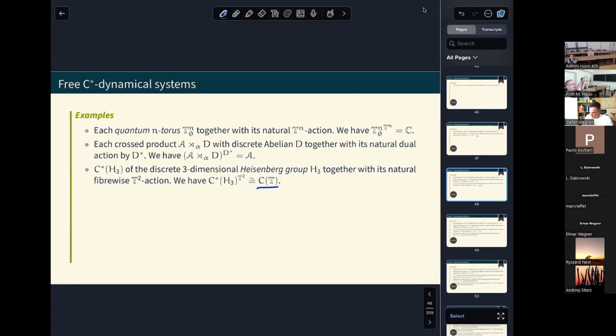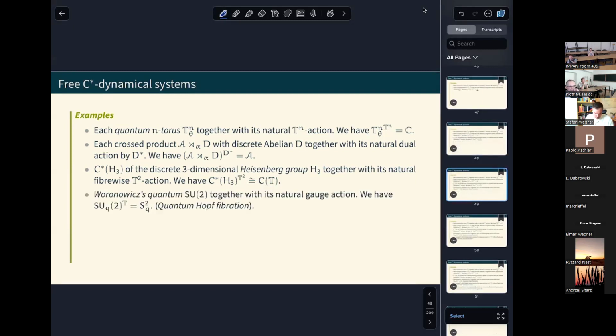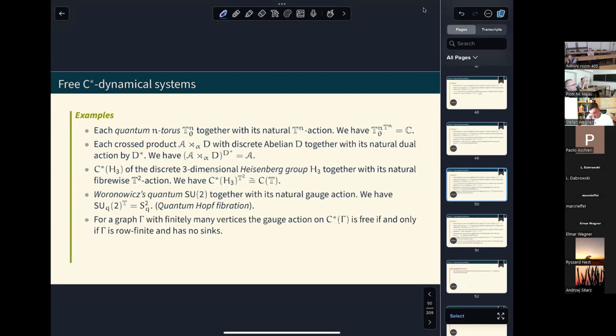All right. So then, of course, the quantum Hopf fibration with its natural gauge action is an example of a free action or free C-star system. A lot of people right now work with graph C-star algebras or algebraic versions of this. So whenever you have a graph with finitely many vertices, then the gauge action on the graph C-star algebra is free if and only if the graph is row finite and has no sinks.